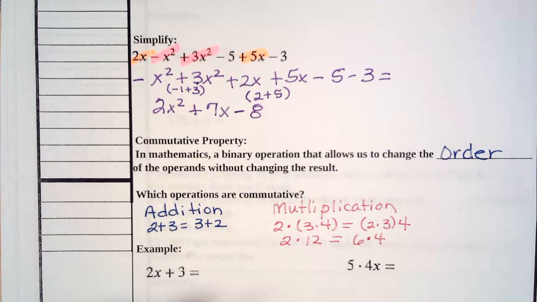So it does work for multiplication. What about division? Is 3 divided by 1 the same as 1 divided by 3? No, one is a fraction, the other is not.